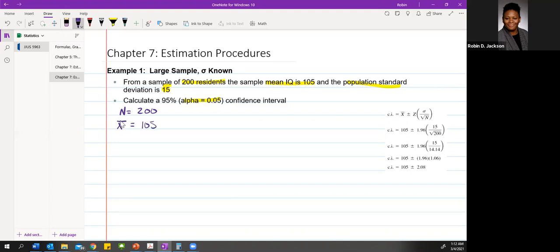The population standard deviation is equal to 15. And my z-score is going to be 1.96. That's something you need to find before you start working on the problem. So get all of your information set up, and then let's walk through the steps.